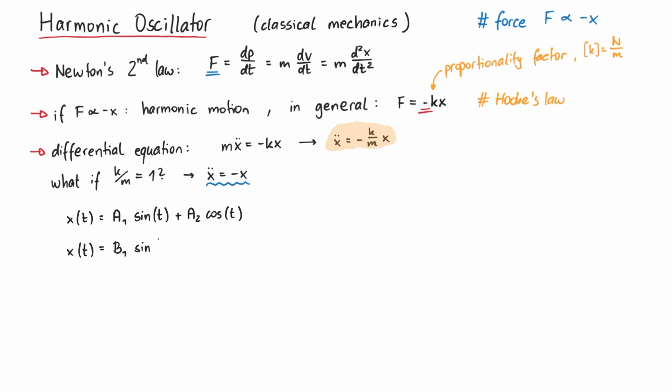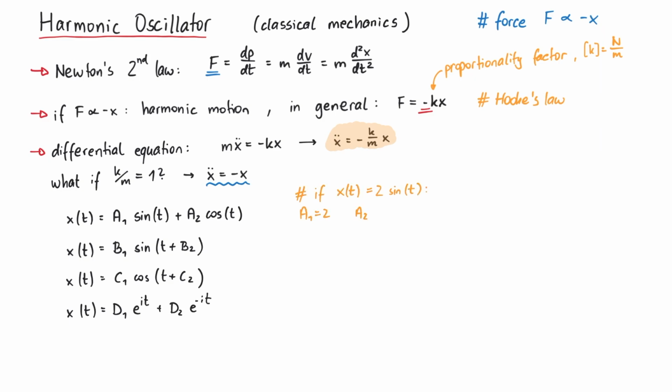In fact, you can write down an ansatz for the solution in many different ways which are all equivalent. For instance, if the solution would be 2 times the sine of t, then we can adjust the constants accordingly. However, the important thing is that we always have 2 constants, since we are dealing with a second-order differential equation. Depending on where those constants appear, they correspond to different physical properties.